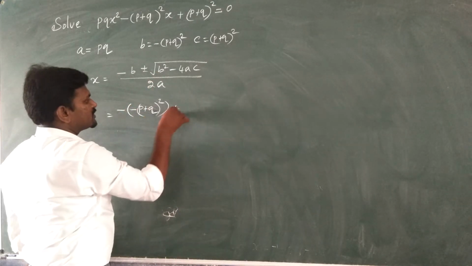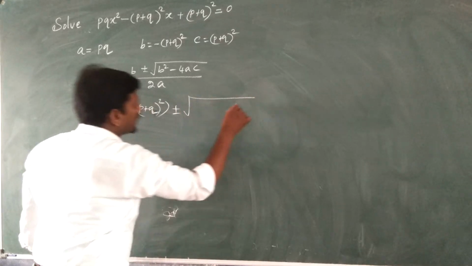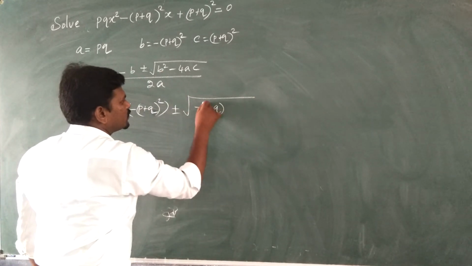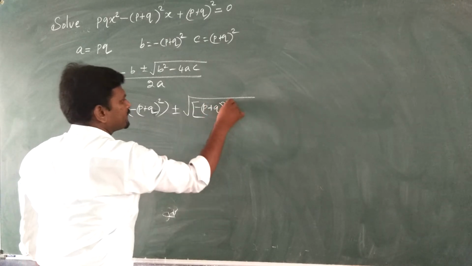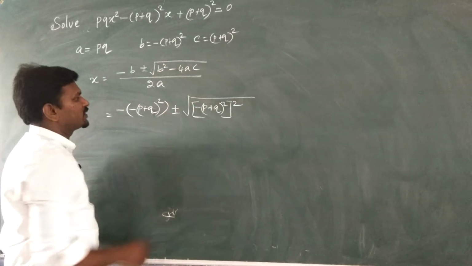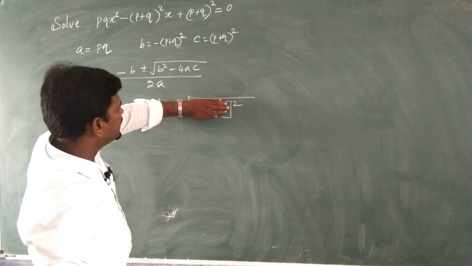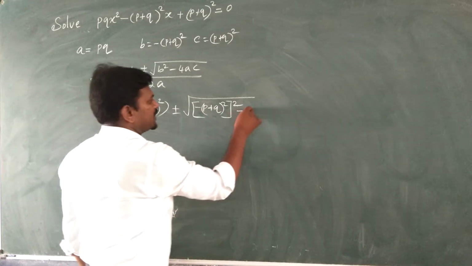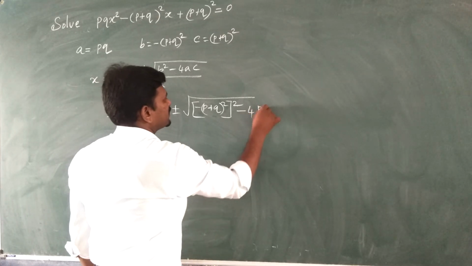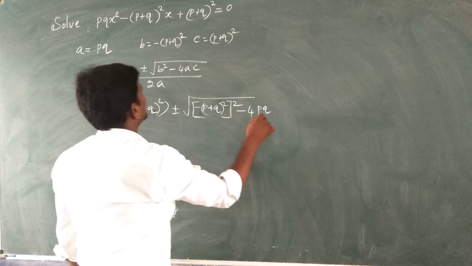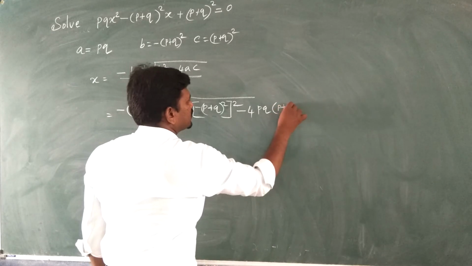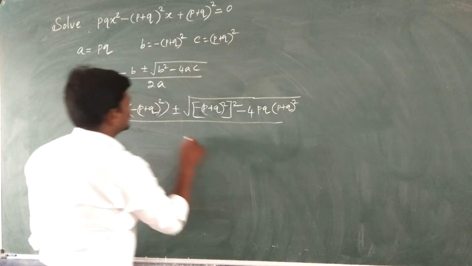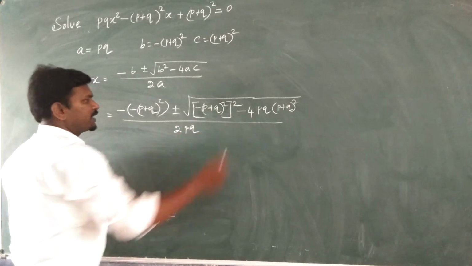Now plus or minus square root of b square, that is (p plus q) whole square squared, minus 4 times a times c, that is pq times pq, by 2a.